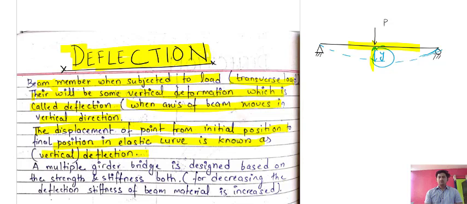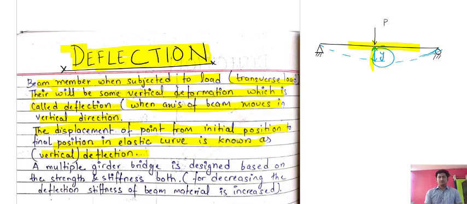Before going into this topic, I want to tell you that nowadays when we design any structure, we have to see two criteria: one is the strength criteria and the other is the stiffness criteria. In case of deflection, first of all you see the amount by which the beam is getting deflected.